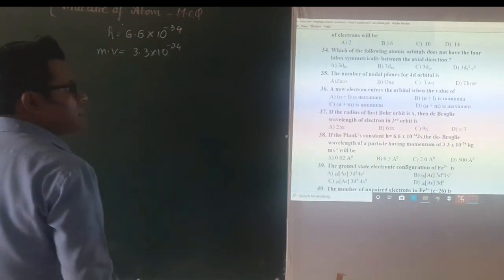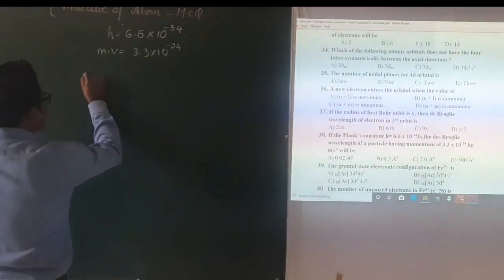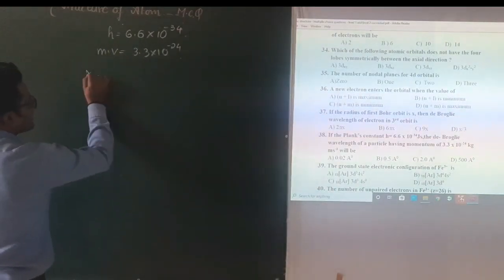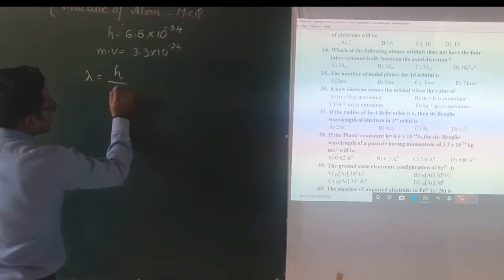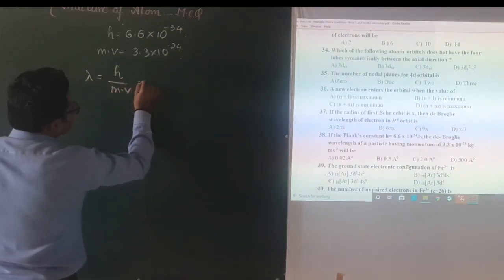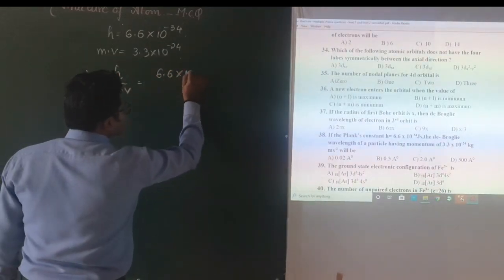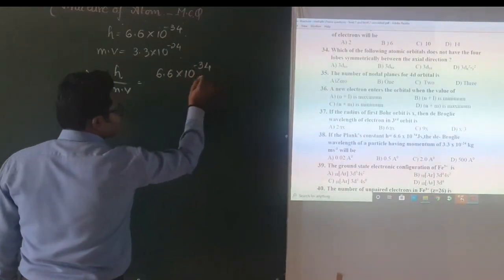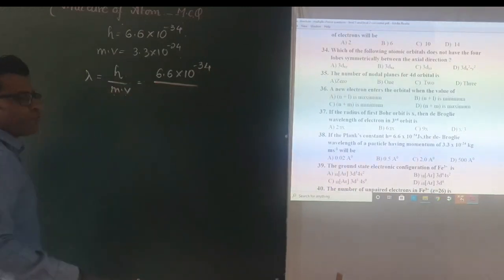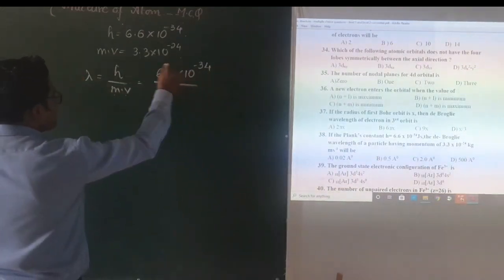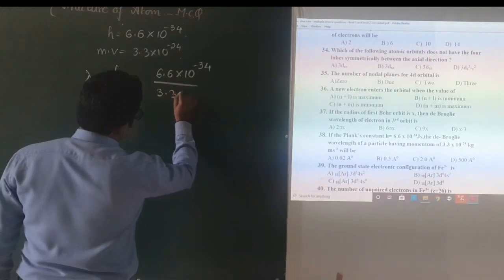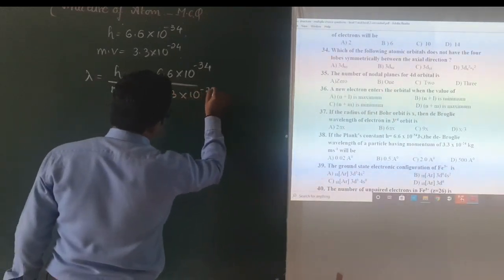So the de Broglie wavelength is given by lambda is equal to h over m into v. Therefore h is 6.6 into 10 raised to minus 34, as they have given to us, divided by m into v, that is the momentum, which is 3.3 into 10 raised to minus 24.